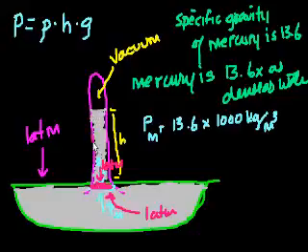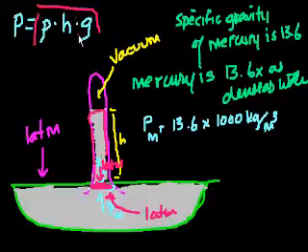Well, it's this column of mercury, or it's this formula, which we learned in the last video. So the density of the mercury times the height of the column times the acceleration of gravity on Earth has to equal 1 atmosphere, because it has to offset the atmosphere that's pushing on the outside and pushing up here.